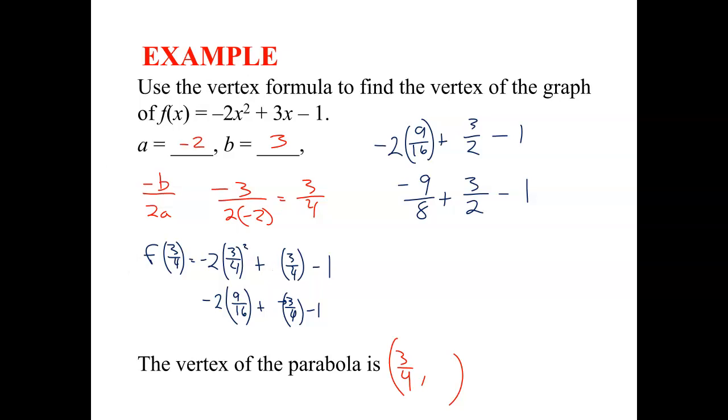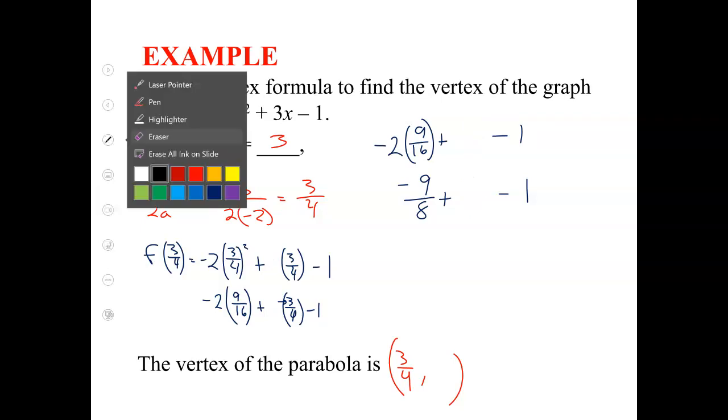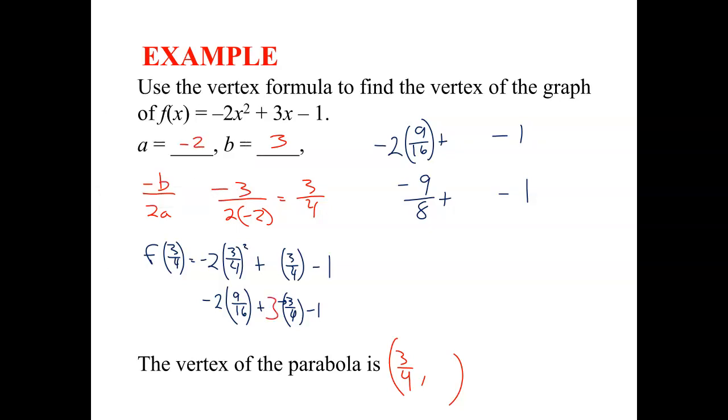That's a 3 up here, I wrote it wrong. So we just need to fix this fraction. See? I can lose my mind. It happens, and it won't be the last time. So let's try that again. 9/4. There we go. Okay, now we're back on track.